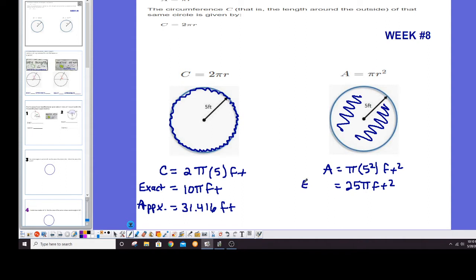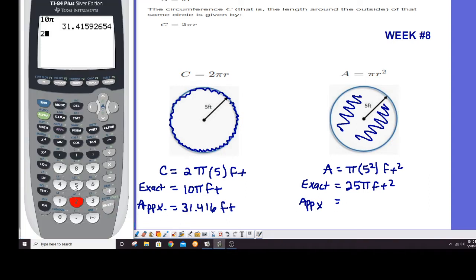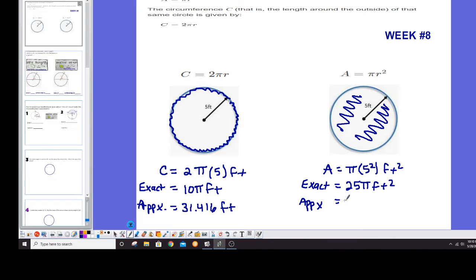Now this is the exact, and if we wanted the approximate, we would multiply it out. 25 times pi is 78.540, so 78 and 540 thousandths square feet.